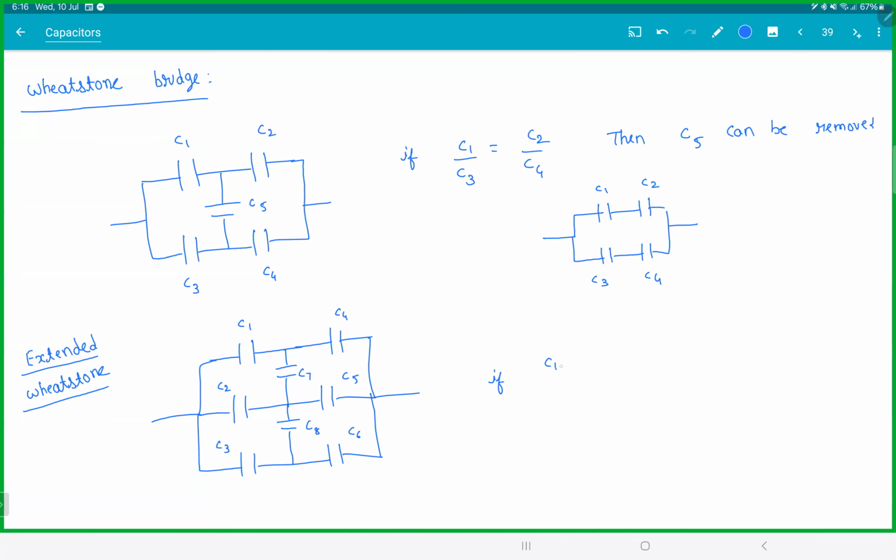If the ratio C1 is to C2 is to C3 becomes equal to C4 is to C5 is to C6, basically this forms a Wheatstone, this forms a Wheatstone. All the ratios should be maintained. If only this ratio is maintained and this ratio is not, you can't remove C7 either. If everything is maintained up to C6, then C7 and C8 can be removed.